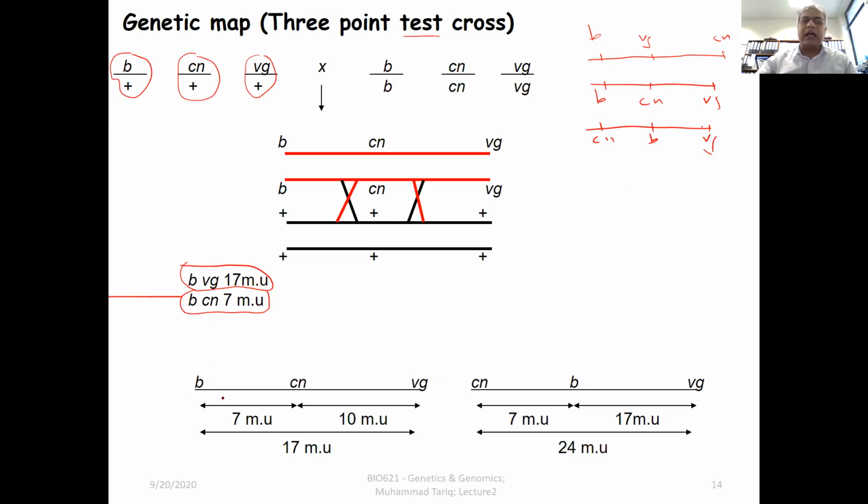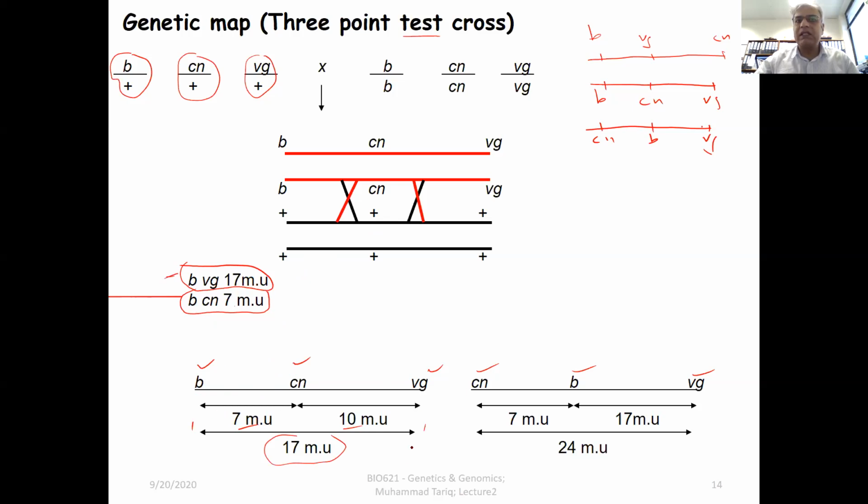On the basis of dihybrid crosses, these are the distances, and remember, these physical distances are additive. Black and cinnabar are 7 map units apart, cinnabar and vestigial are 10 map units apart, so you have a total of 17, which is between black and vestigial.